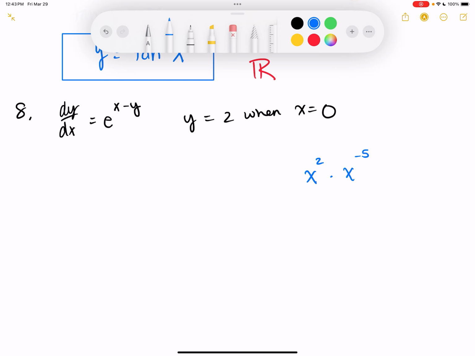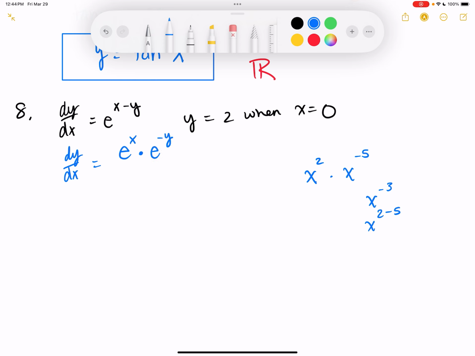Subtract them. Okay, normally it would be adding, but since they're subtracting, this would be x to the negative 3. Right? Or x to the 2 minus 5. So work backwards, and what do I do with this? e to the x times e to the negative y. Yes. So dy dx is equal to e to the x times e to the negative y.